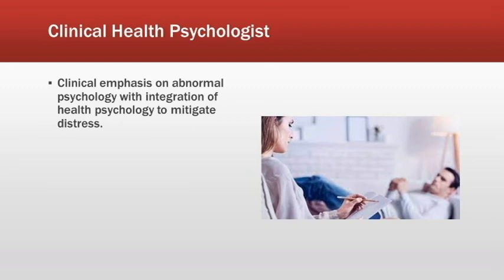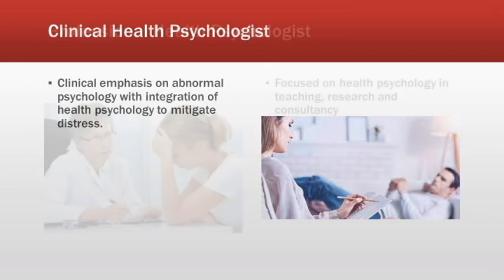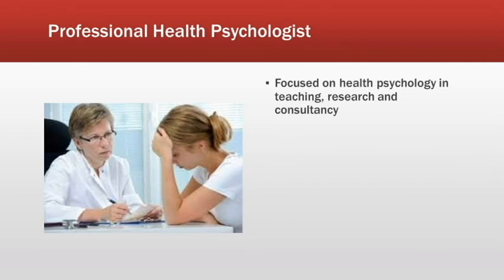Now, although still being considered by a range, there is some agreement that a professional health psychologist should have competence in three main areas: research, teaching, and consultancy. And in addition, they should be able to show a suitable knowledge base of academic health psychology, normally by completing a higher degree in health psychology and having demonstrated that they meet the required standards.